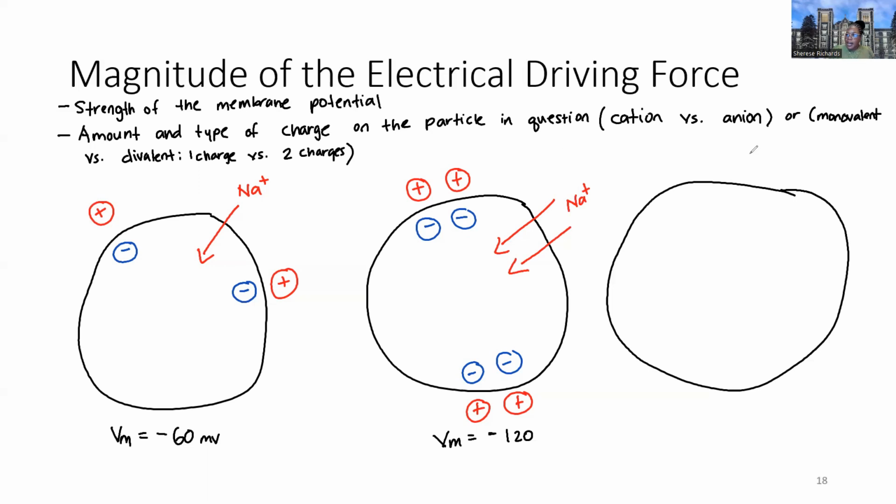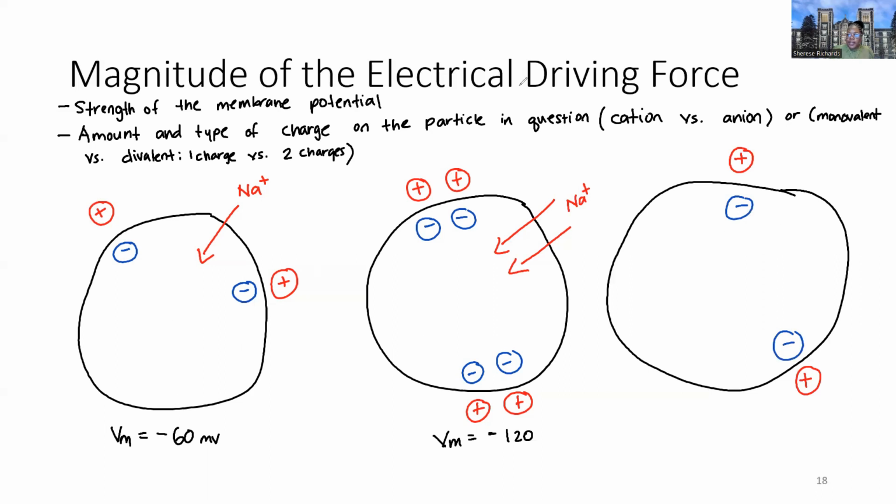So now let's think about our original cell here, where we have positive charge outside the cell, negative charge inside the cell. So pretty much the same as what we saw with our first scenario up here.